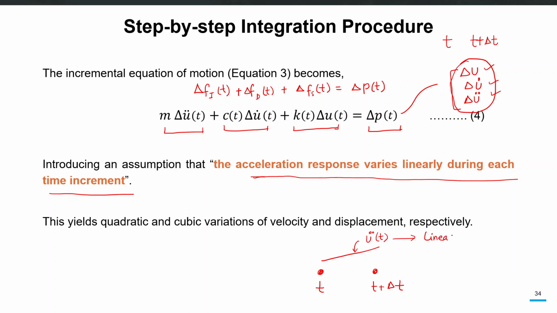Using this approximation, we can solve equation 4 to get these values. We will see in the next slides how. This linear acceleration gives us quadratic and cubic variations of velocity and displacement, because we integrate the linear acceleration to get the velocity, and integrate again to get the displacement of the structure.